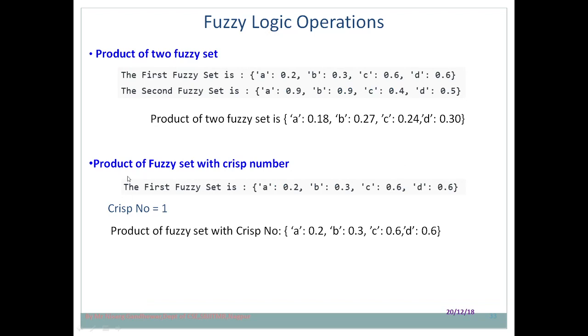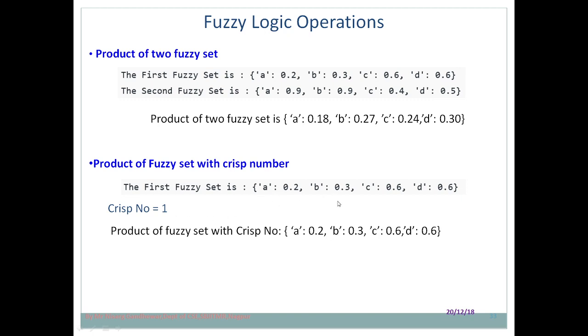Next operation is the product of a fuzzy set with a crisp number. Here we are given the first fuzzy set A with different elements A, B, C and D. Suppose the crisp number is 1. Any value can be given for the crisp number. Here the value of the crisp number is given as 1. So you can obtain the product of a fuzzy set with a crisp number by multiplying this 0.2 with 1.